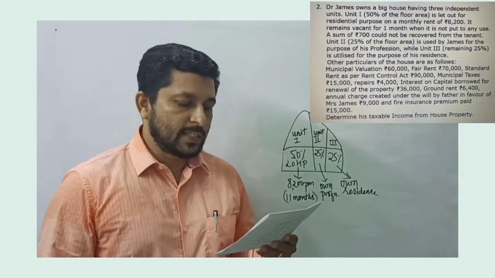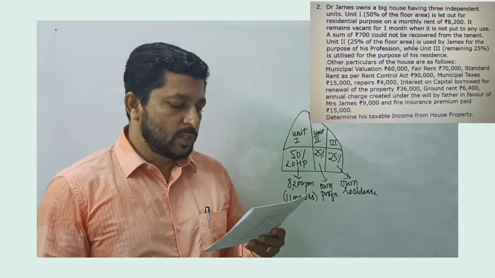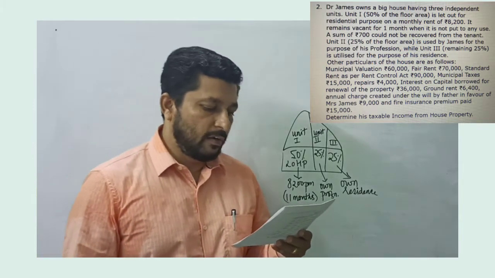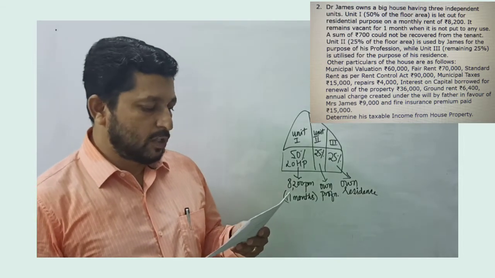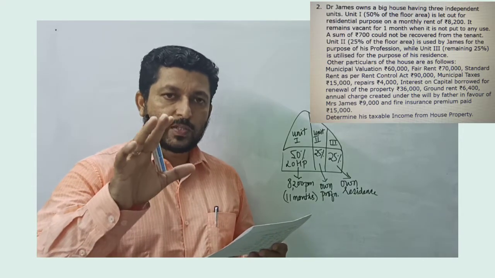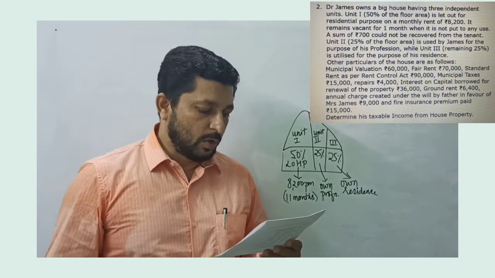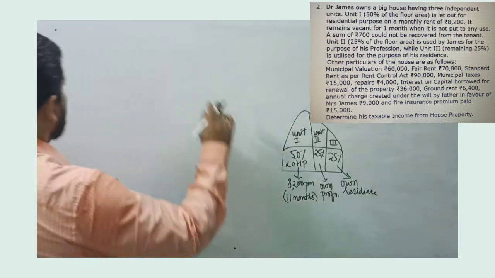Then ground rent is 6,400, it has no relevance. Then annual charge created under the will by father in favor of Mrs. James, rupees 9,000, and fire insurance premium paid rupees 15,000. None of these items have relevance in solving the problem. So the question is, determine his taxable income from house property.